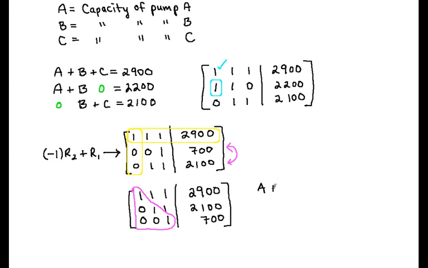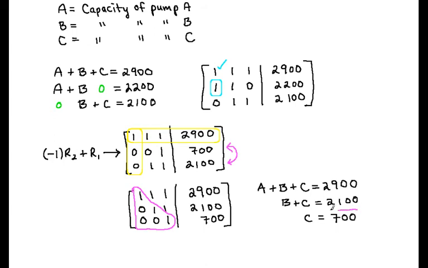So A plus B plus C equals 2,900. That one really didn't change. B plus C equals 2,100. That one also didn't change. C equals 700. That's the new piece of information that we got out of the matrix.